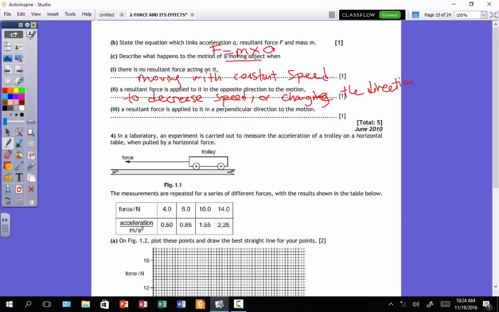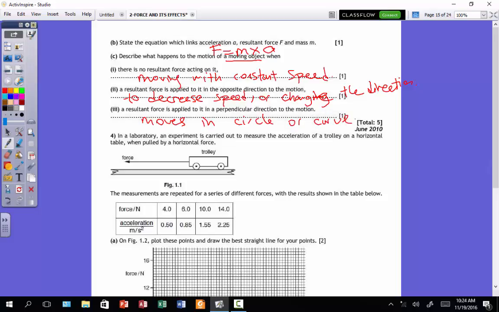A resultant force is applied to it in a perpendicular direction to the motion. Okay, everyone can make a mistake in this type of questions. We can say in these questions, the car moves in a circle or curve.